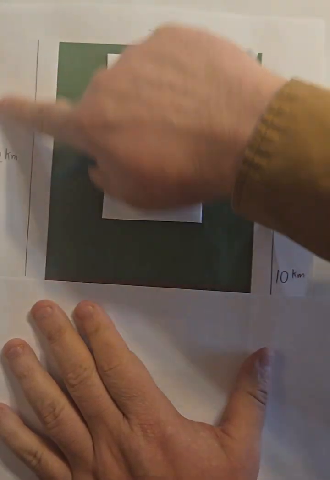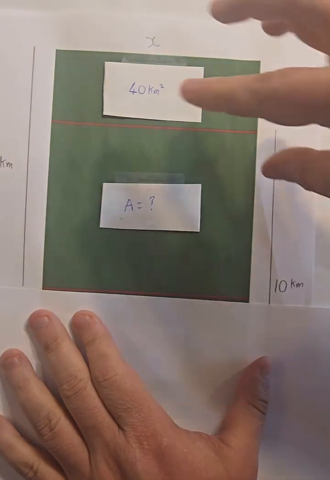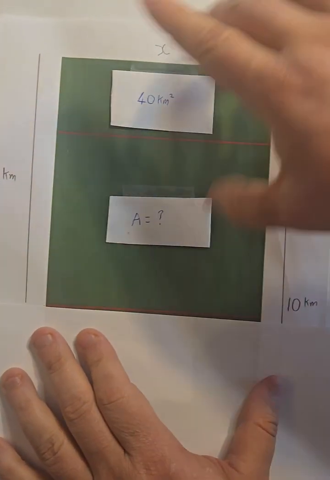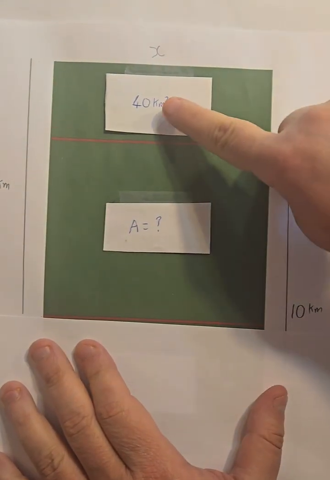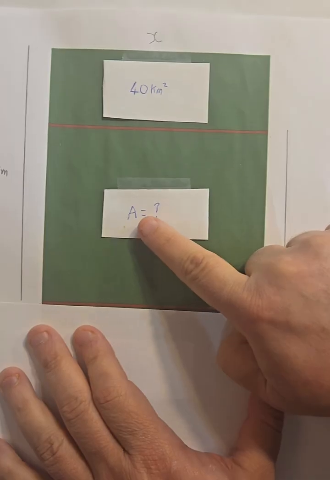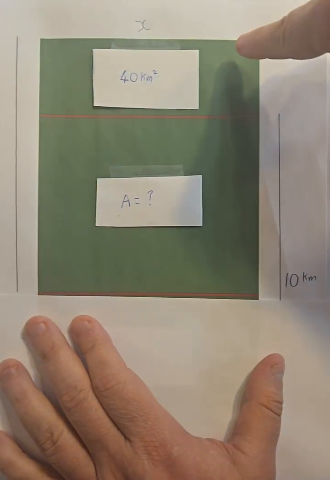This area is 12 times x, and the area of any shape is all the parts added together. The area of this rectangle is 40 plus A. A is that unknown I'm trying to solve. So 40 plus A equals 12 times x.